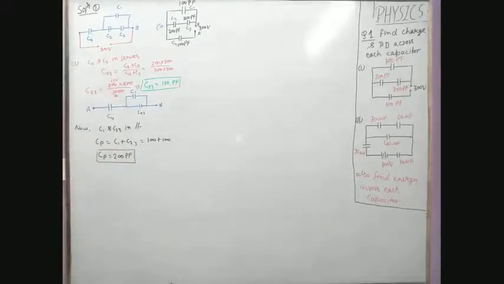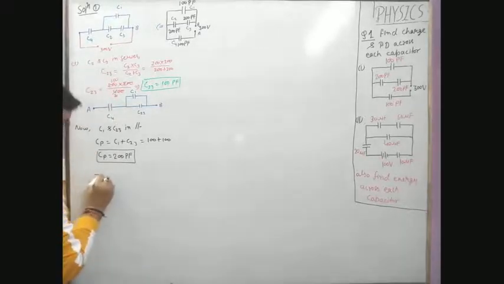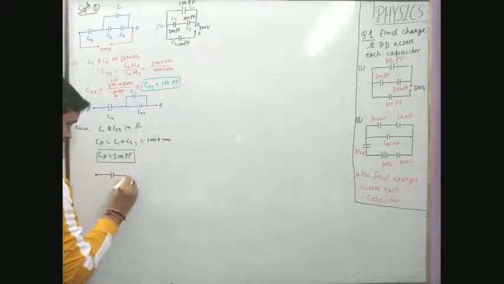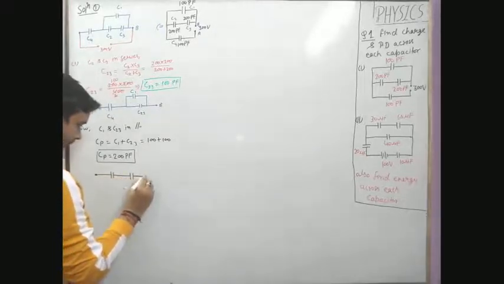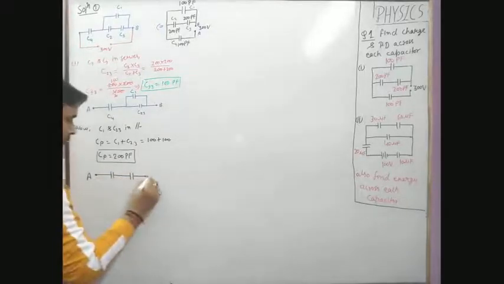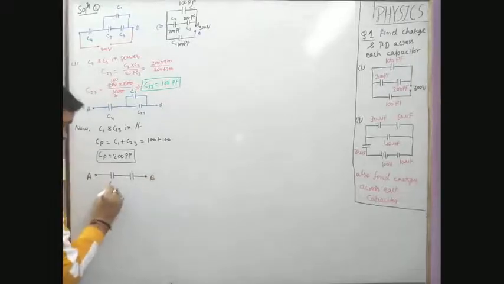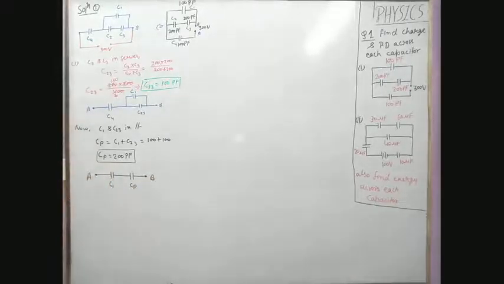Now this circuit is reduced to, from point A to point B, C1 and Cp. Clear? Now the two are in series.